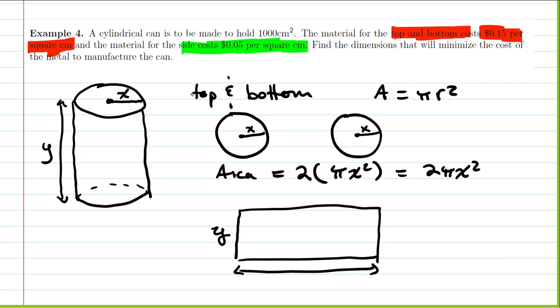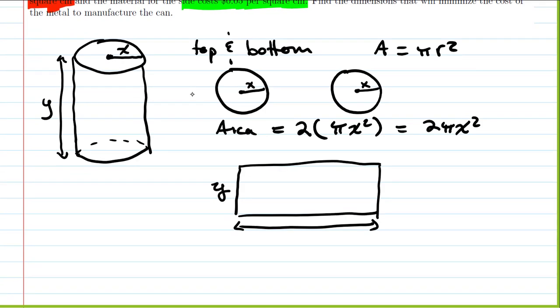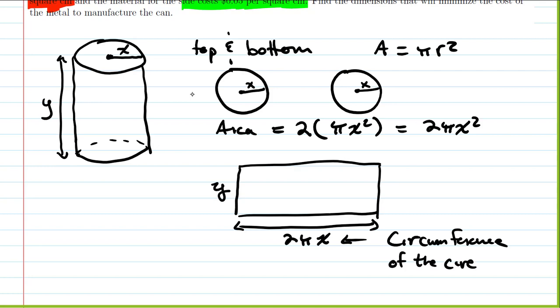So this distance is going to be the same as the circumference. And what's our formula for the circumference of a circle? 2 pi r, but our radius in this case is x. So the area of this part is going to be 2 pi x times y.